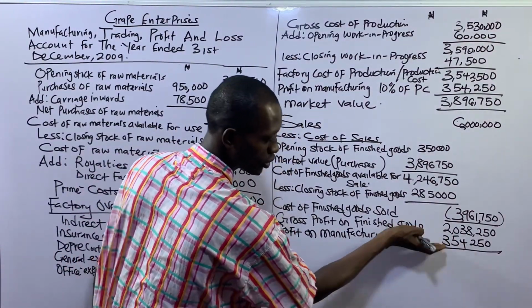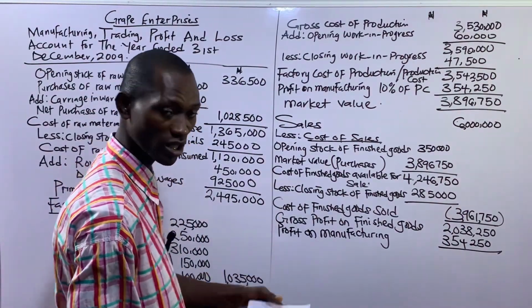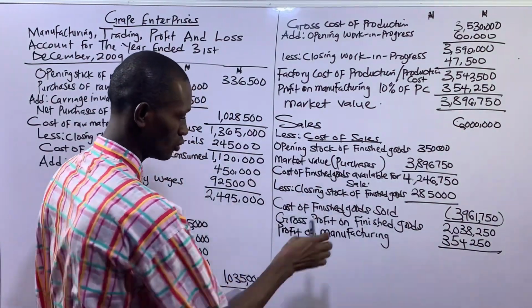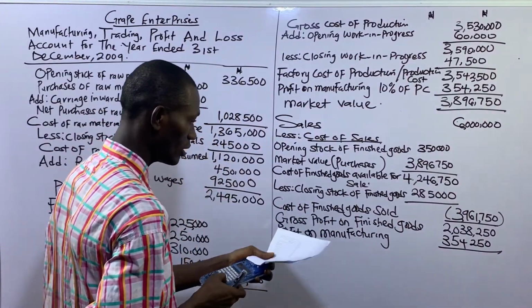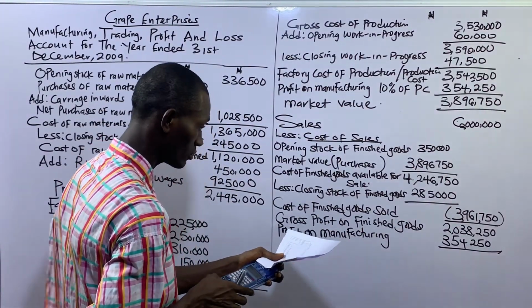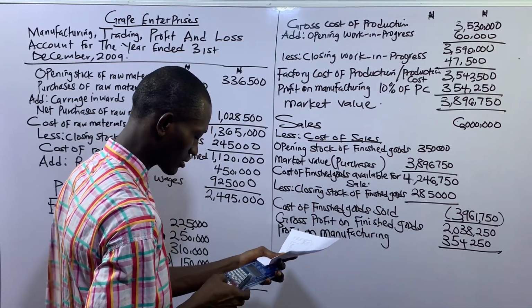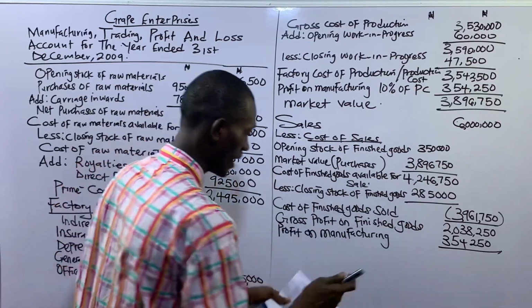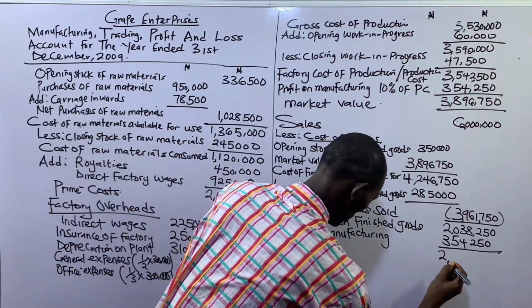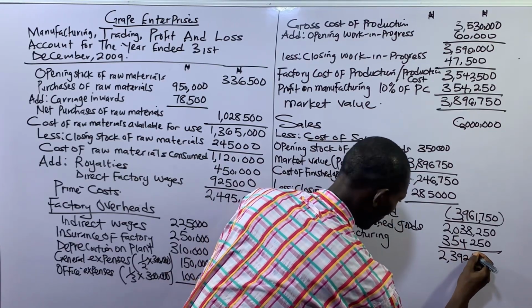You are going to add it to these two. But there is no other income here. So we have just these two. So let's add it. 2,038,250 plus 354,250. So we have 2,392,500.